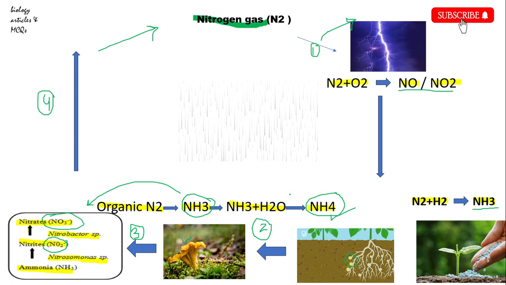It means if the bacteria use these nitrates and NH4, then the plants will not use them again. So this also helps in creating a balance of the nitrogen in the soil.